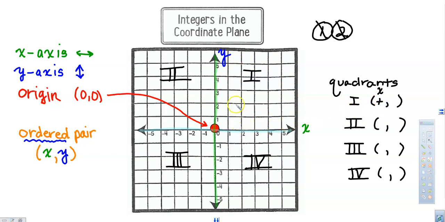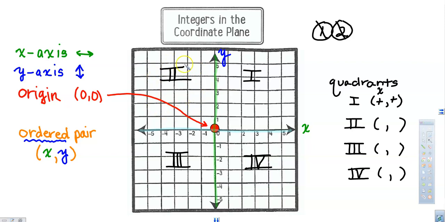And the y value is also going to be positive in this section, because if you look at the number line over here, all your up and down values are above 0 in this section, so those will also be positive. If you go to the second quadrant, your x values are now to the left of 0. These are all the negative numbers, so you'll have no positive x values if you're in this section.